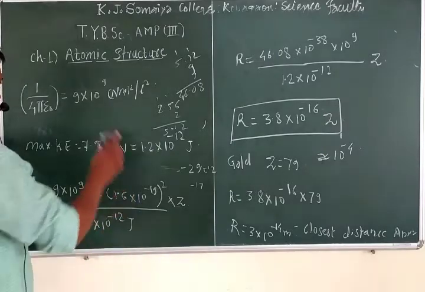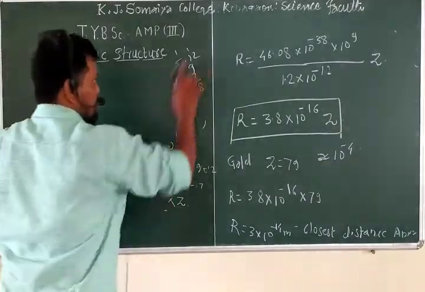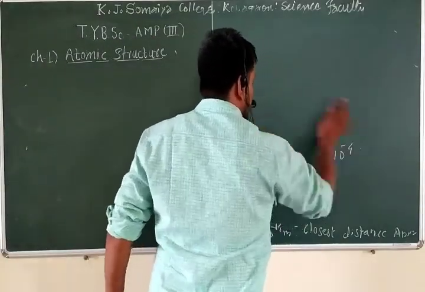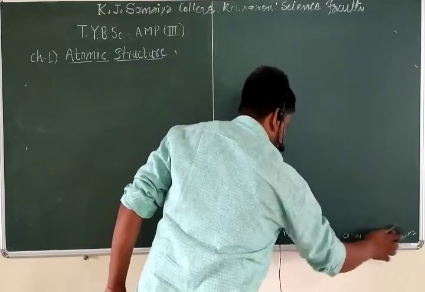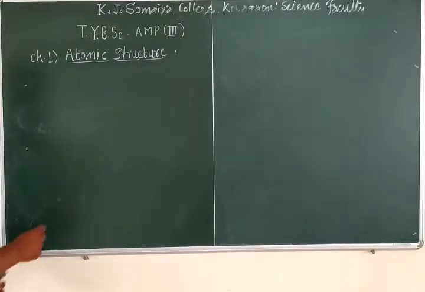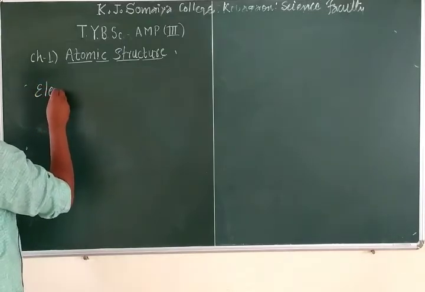Okay, the next point is the electron orbit. Here we have to see the point of the electron orbits, and we already have an idea of the structure of the atom.